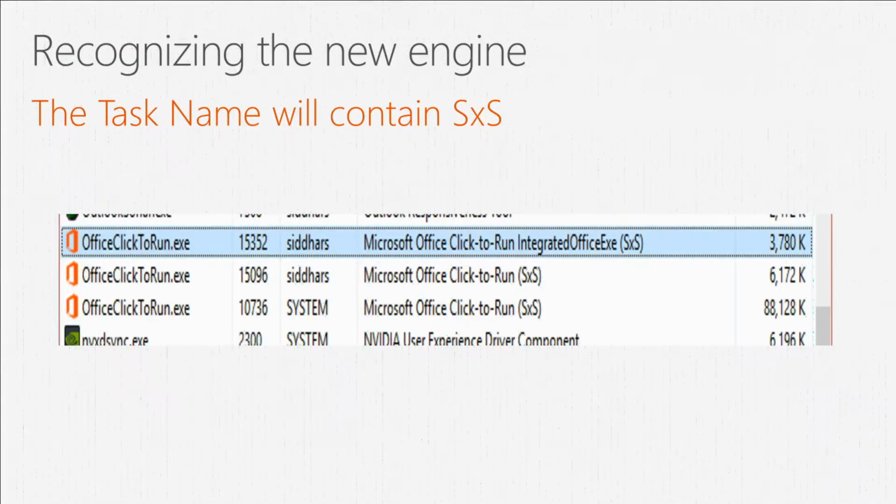You can see that all of these will have a side-by-side indicator listed next to them. When you see that, that means that you are now using the new click-to-run engine that supports side-by-side. Okay? If you don't see that, you know that it's not going to work.